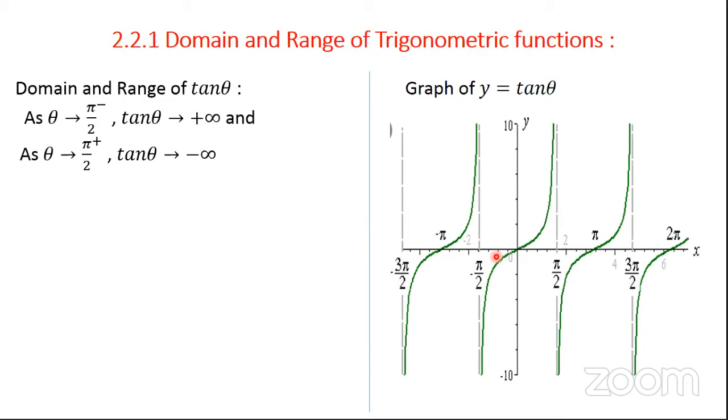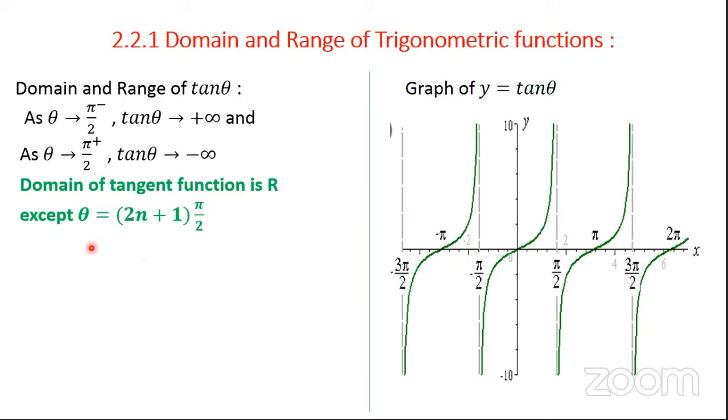So it goes from plus infinity to minus infinity. So the domain of the tangent function is the set of all real numbers except theta equal to (2n+1) times pi by 2, that is, odd multiples of 90 degrees. Why is tangent not possible for (2n+1) times pi by 2?